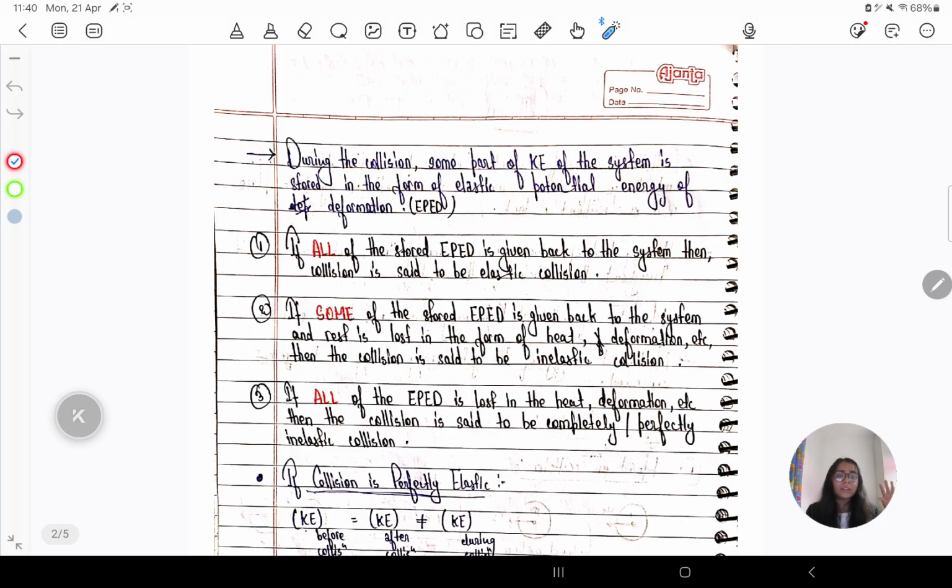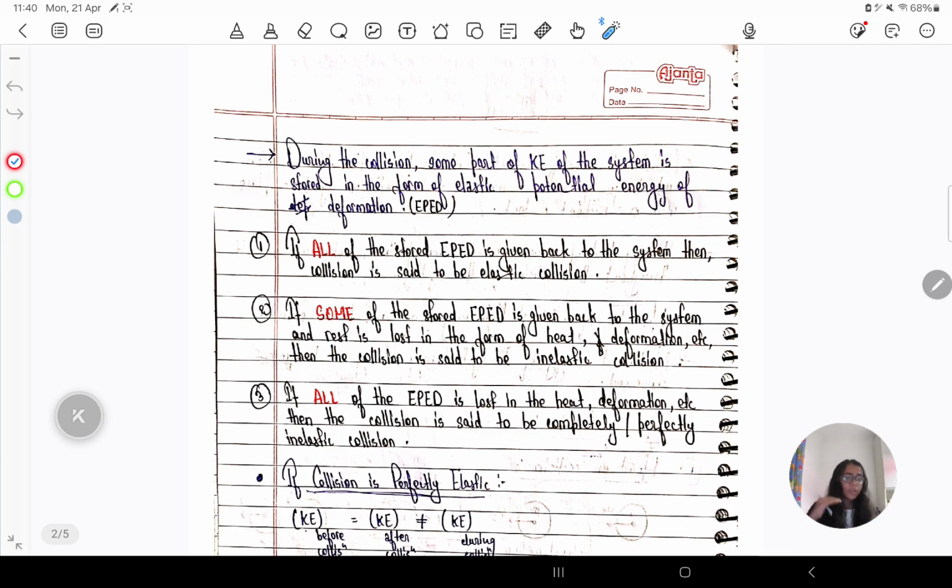Let's say that stored energy is used by the system for heat generation or during deformation, right? That type of collision, where all of that elastic potential energy for deformation is used up by the system, is called completely inelastic collision, okay?